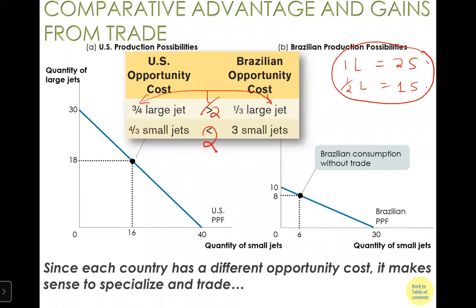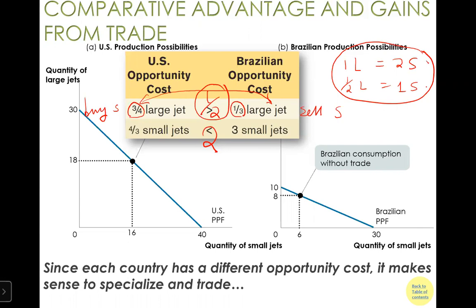Now you can see this one half is going to make Brazilians more willing to what? To produce and to sell small jet, right? And at the same time, this is going to make the United States more willing to buy small jet. Because in the international market, the price is lower than their own price, but this international price is higher than Brazil's own price.